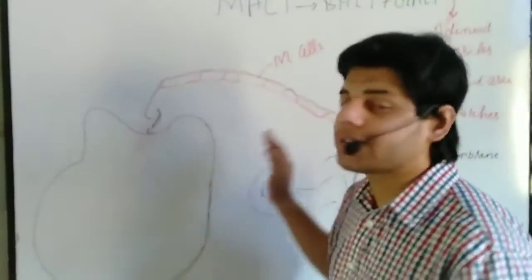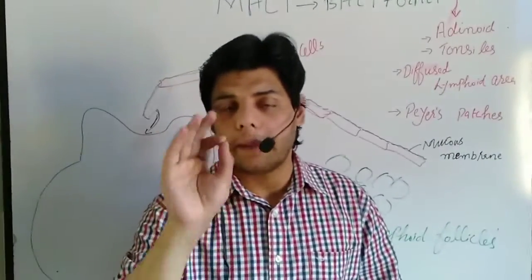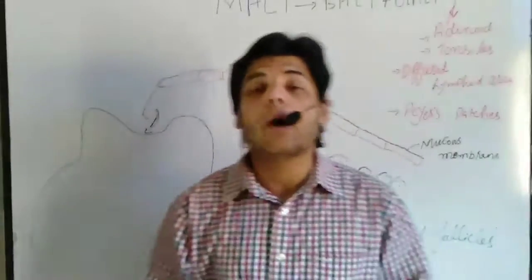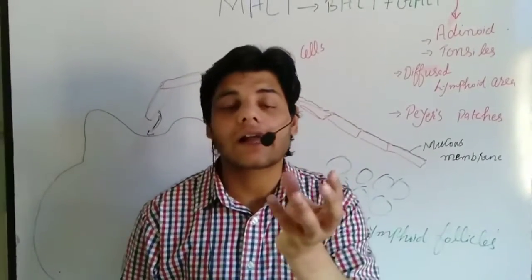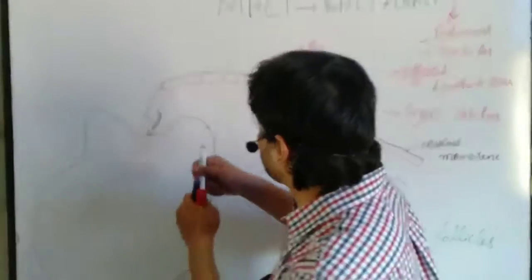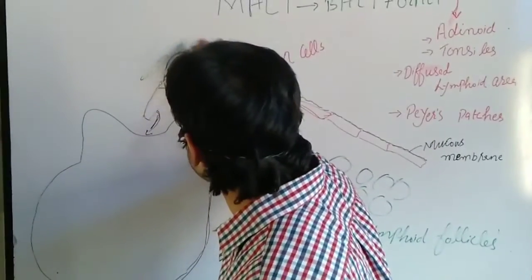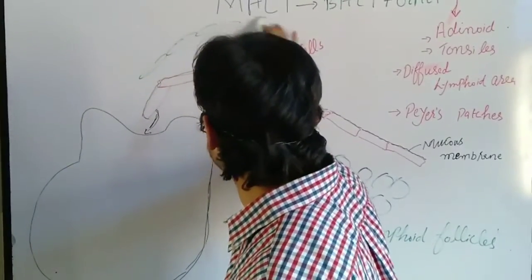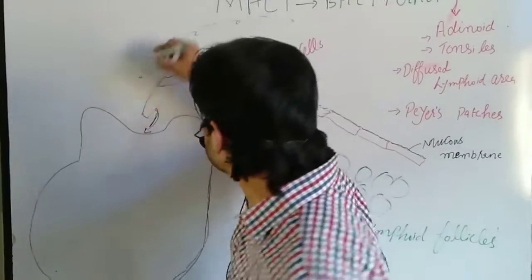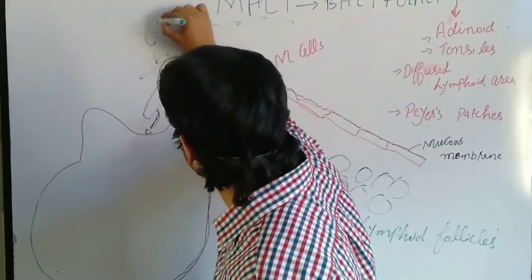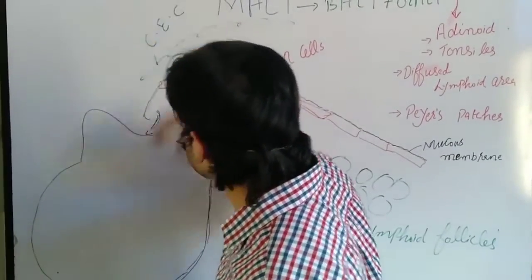Near each M cell there are the columnar epithelial cells. Let's say these are the columnar epithelial cells.